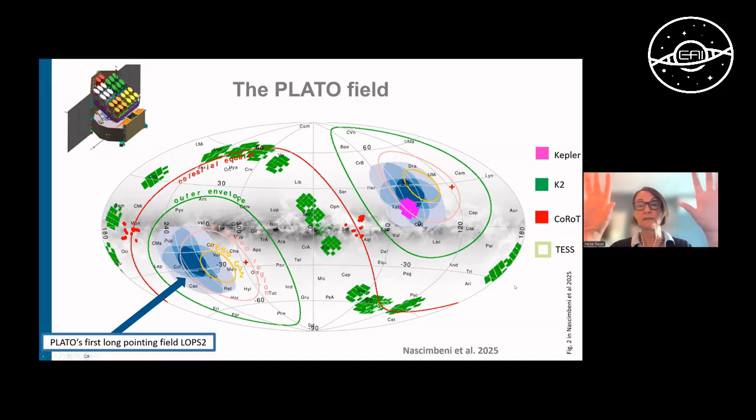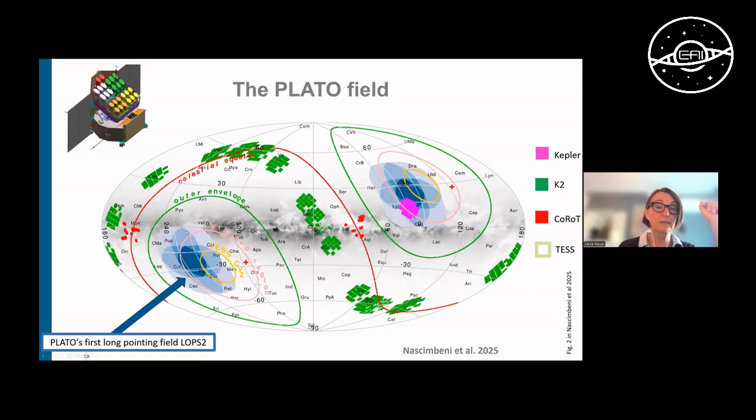The field has this flower-like appearance because the cameras on the satellite are grouped into 4 groups, which overlap in the center on the same place in the sky, but in the corners, 6 cameras observe the same field in the sky, and in the center, all 24 observe the same field in the sky. And then we have here the 2 cameras for the fine guidance, for the stable pointing of the satellite.